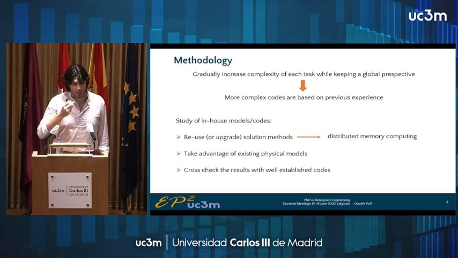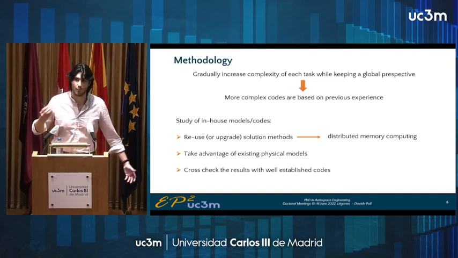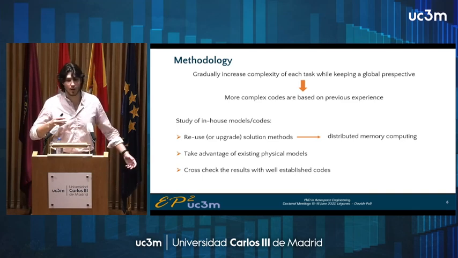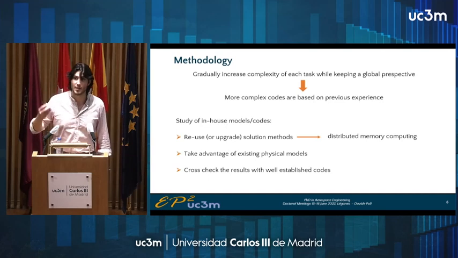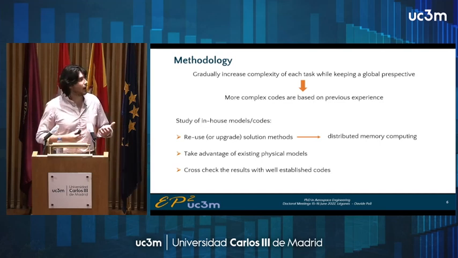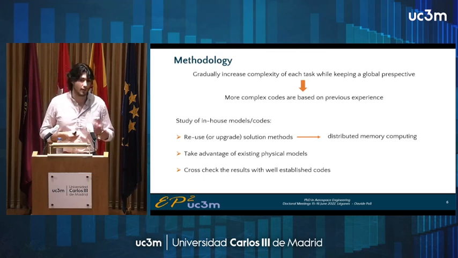The methodology that I will be using, and have been using in this first year, is to increase the complexity of the model gradually, starting from a simple model, such as the one-dimensional, and increasing its complexity based on the step before, so that each model has a global perspective of the final goal of the thesis, which is the big two-dimensional code.